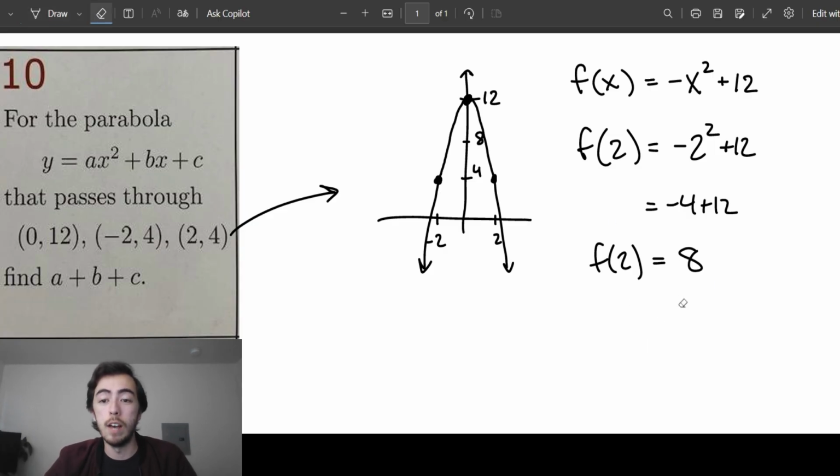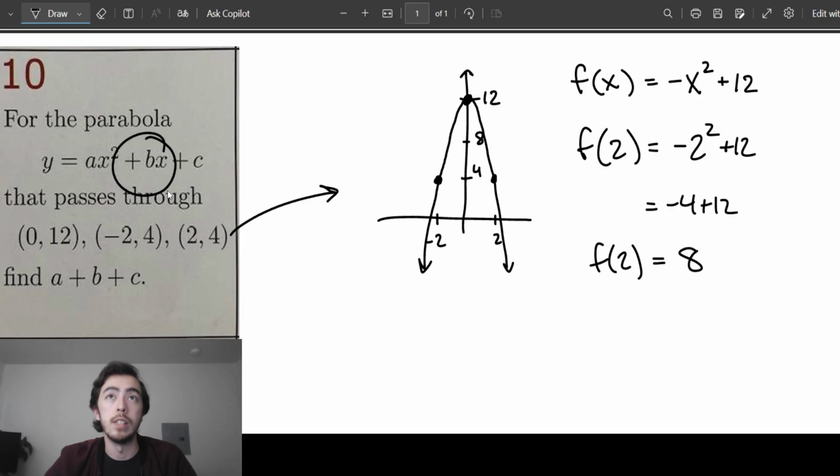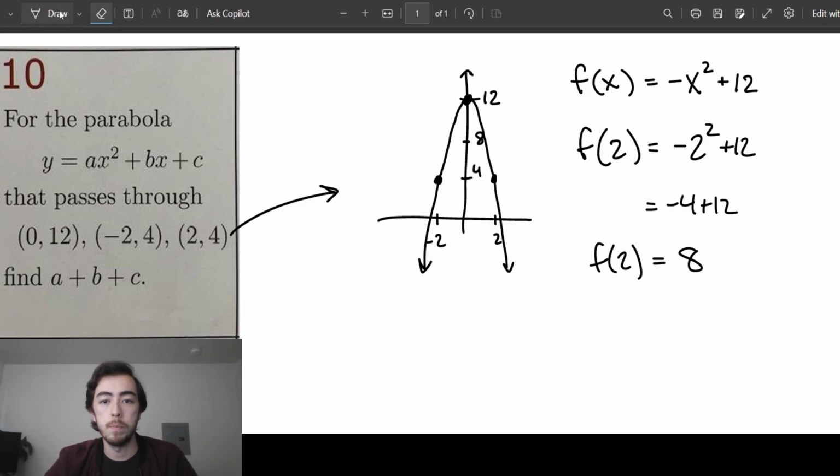So I have two ideas here. Either I would need to introduce some kind of linear term into my parabola, or I would need to change the a value of my parabola. And let's investigate maybe whether or not we would need a different a value.